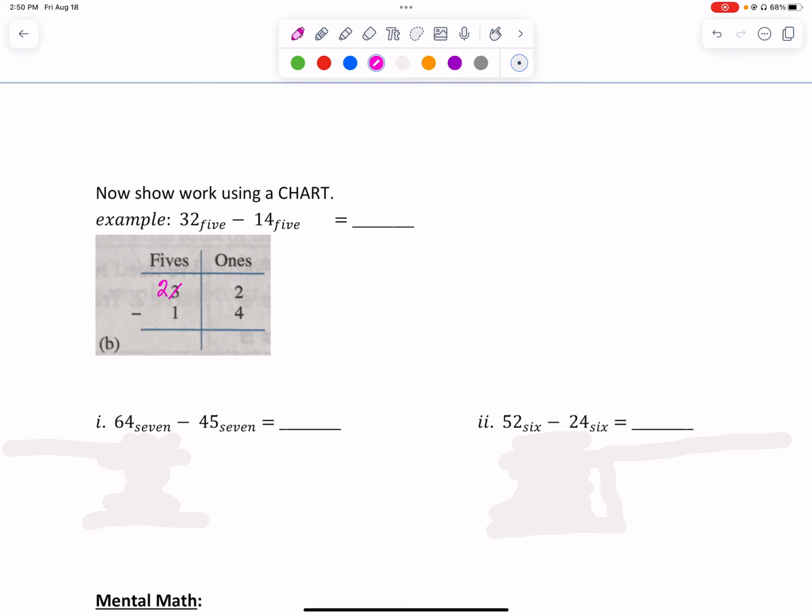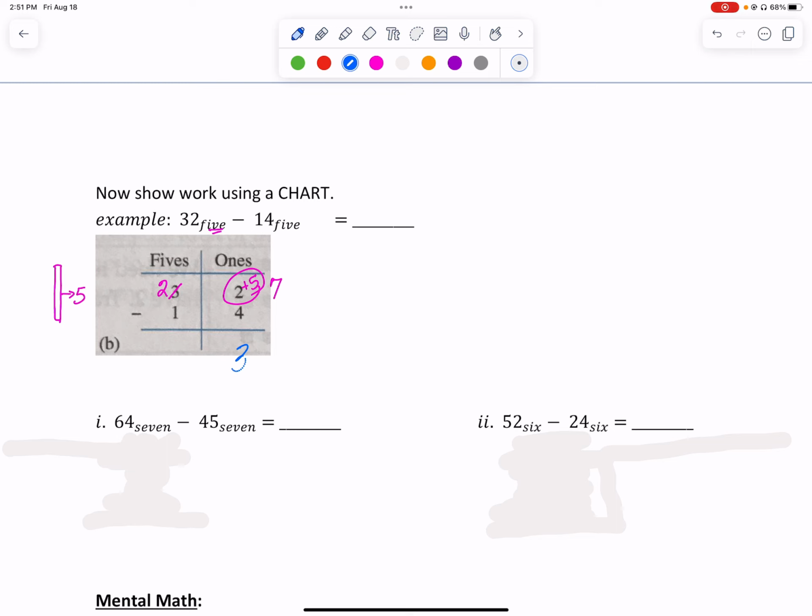And then how many units, when I have this rod over here, how many's in there? We've got 5 because we're in base 5, right? So we're going to add 5 to that. So when we add 5 to that number, we're going to get 7, right? So we're going to say 7 minus 4 gives me 3. All right?